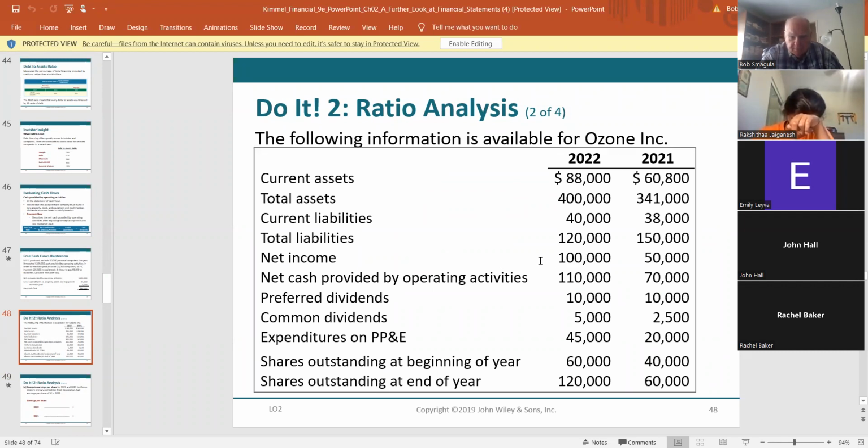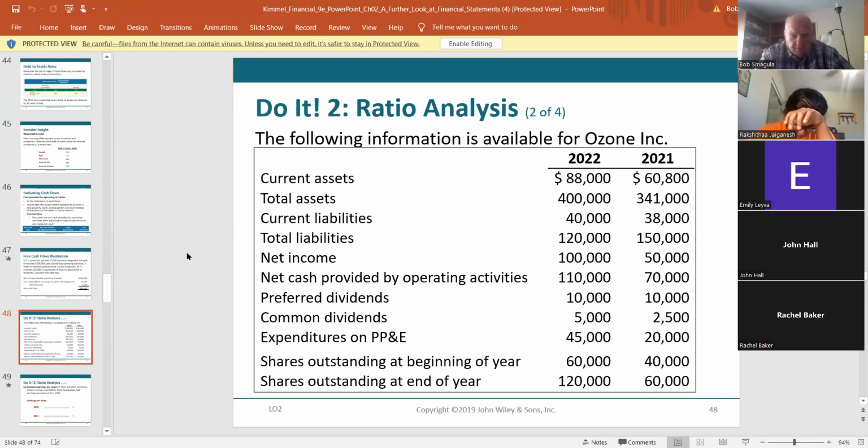The shares at the beginning of the year was 60, and at the end of the year, they were 120. So 60 and 120 is 180, divided by 2 is 90. So your answer is going to be 100,000 divided by 90,000. Comes out to, I think, $1.11, if anybody wants to do the arithmetic. 100 divided by 90.